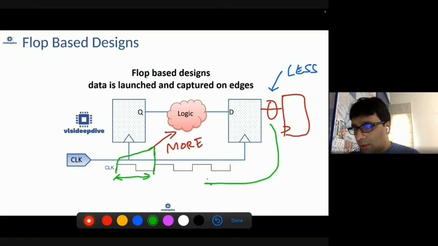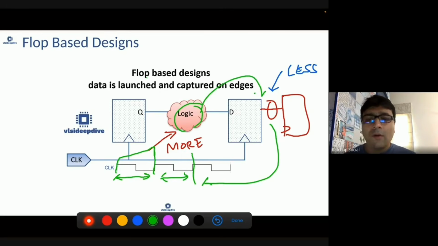This, again, you have to meet in one clock period. So there is little flexibility in using, let's say if this delay is more, can I use the spare time here? A flop-based design does not provide those flexibilities.